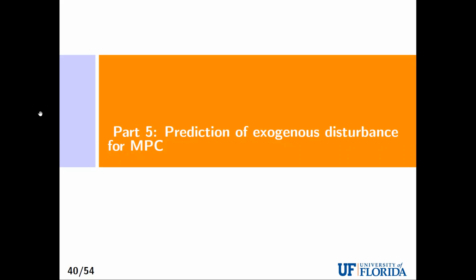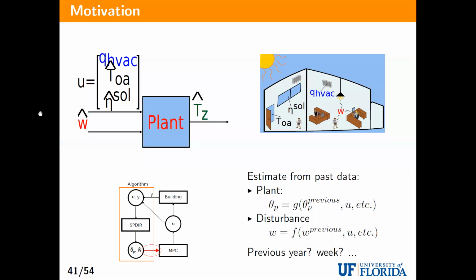So we got these equipment models, not to the extent we like them, but we have this completely learnable zone thermal dynamics model that also gives us the disturbance estimate from the past. But to run MPC, these optimization-based control algorithms, we need future disturbance. We need to have a prediction of the disturbance that's going to hit us in the next 24 hours. So we do that by using the data that comes out of this estimation algorithm.